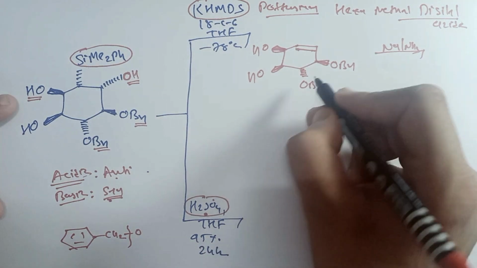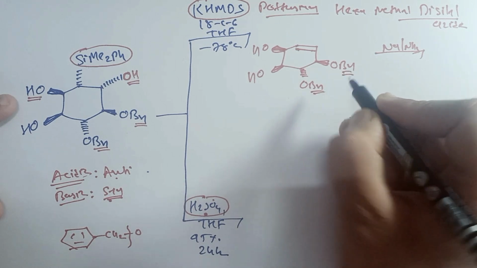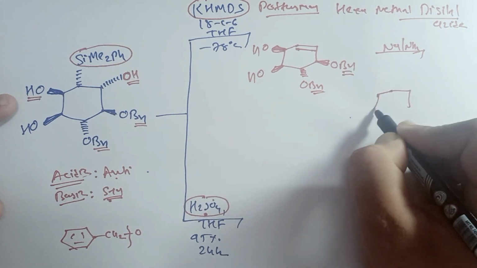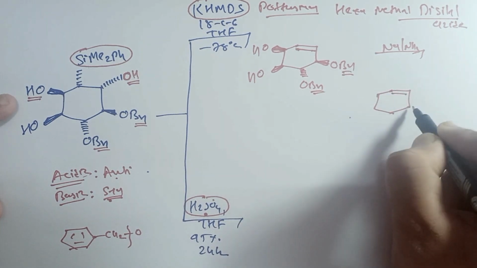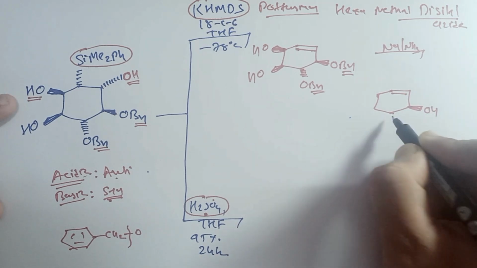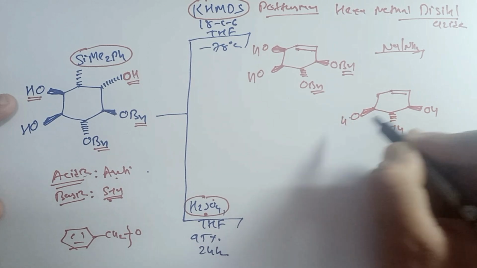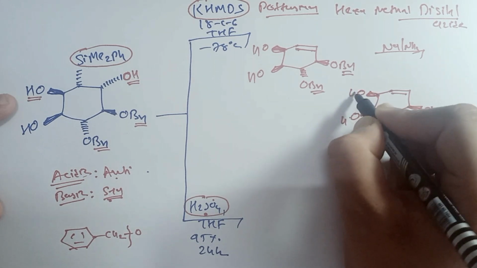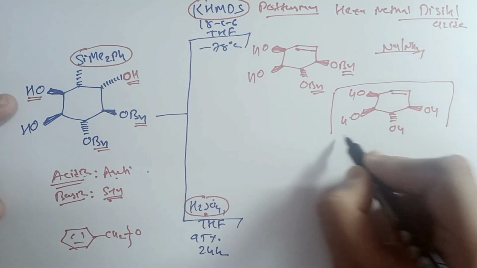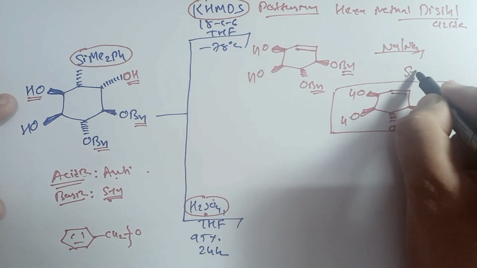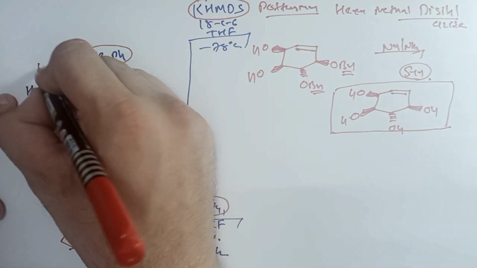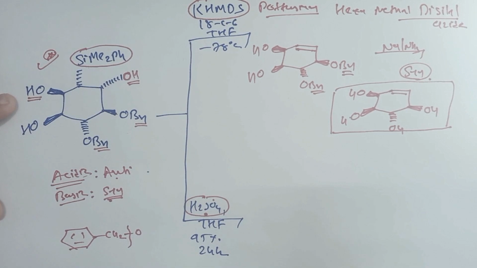So whatever the Bn group is over here, we can remove that and produce an H. Here we have an OH group, here an OH, here also an OH group. So this is our product. So by the base you can produce a syn elimination product. This is a very important reaction, you just have to remember this.